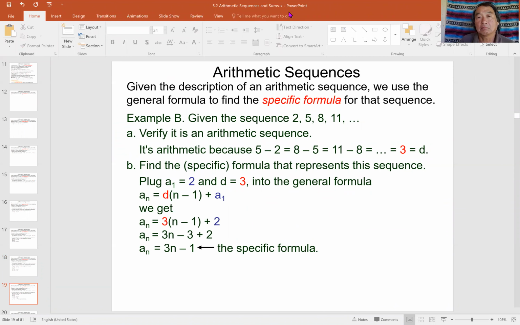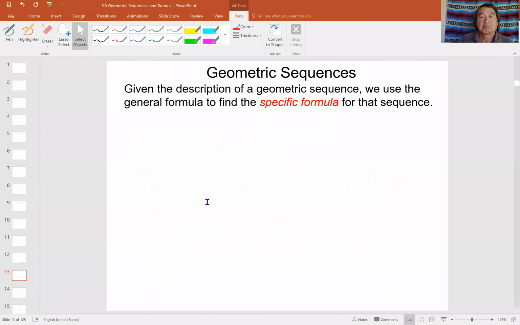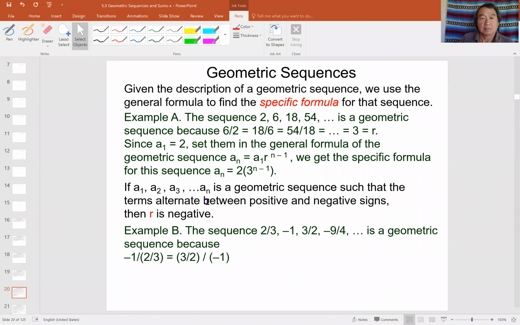Same thing for geometric. First check that it is geometric, that you're multiplying by a fixed number. In this case, it's -3/2.